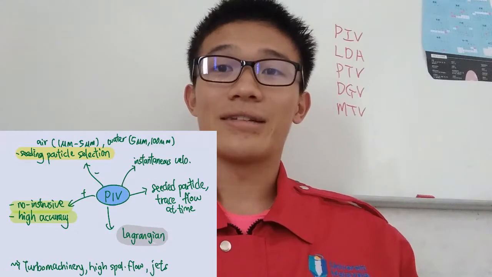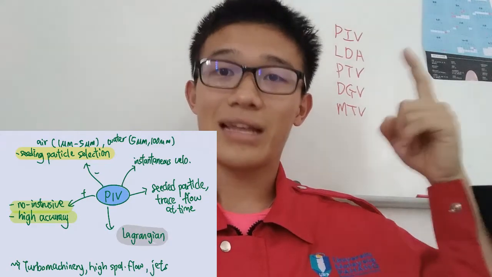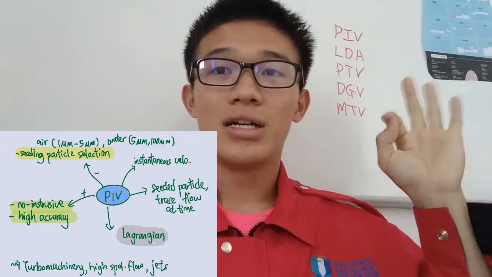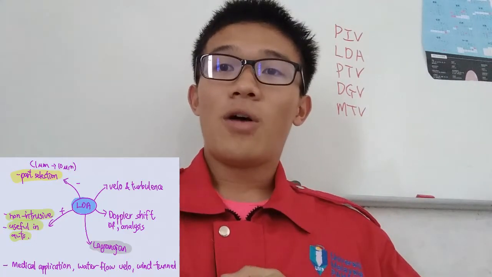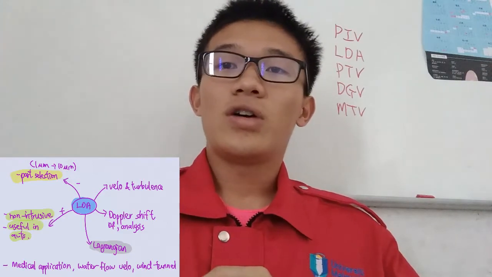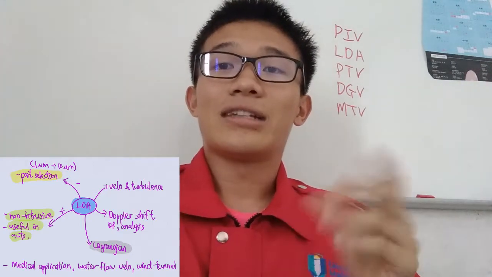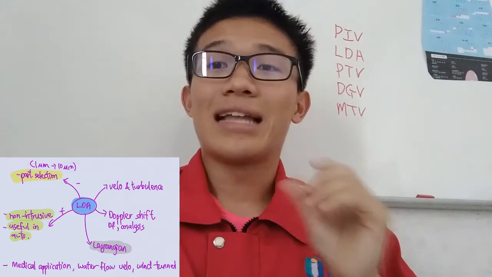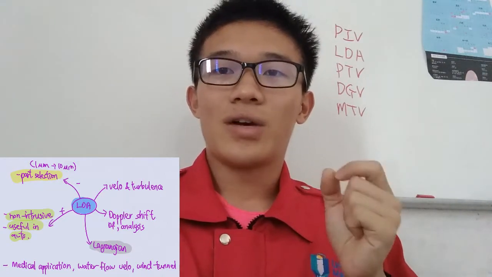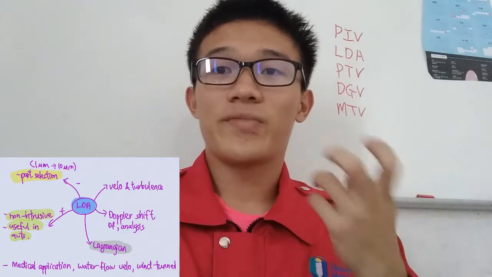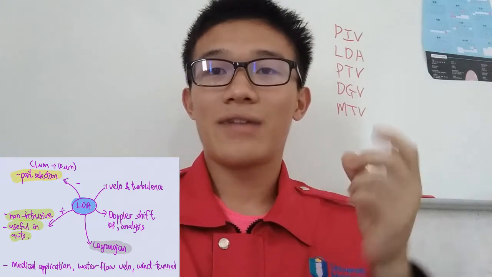With the Lagrangian method, PIV has the advantage of high accuracy measurement and it is non-intrusive, the same as the LDA method, laser Doppler anemometry. Non-intrusive means there is no interference between the measurement sensor and the flow profile, so the flow profile will not be disturbed by the sensor.